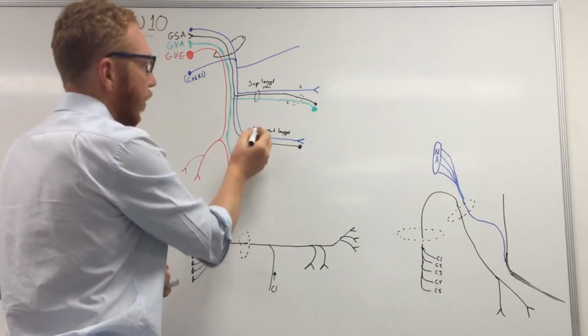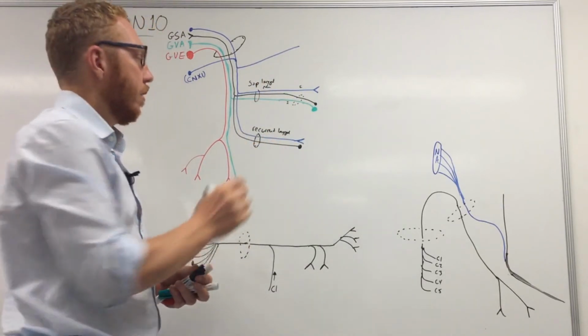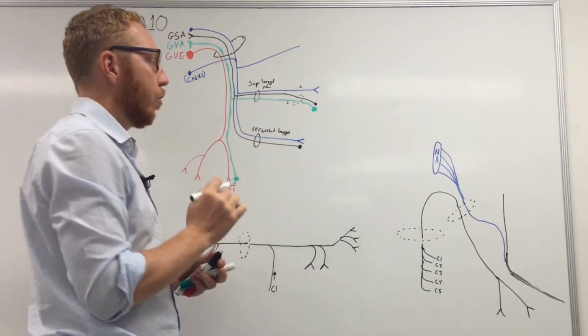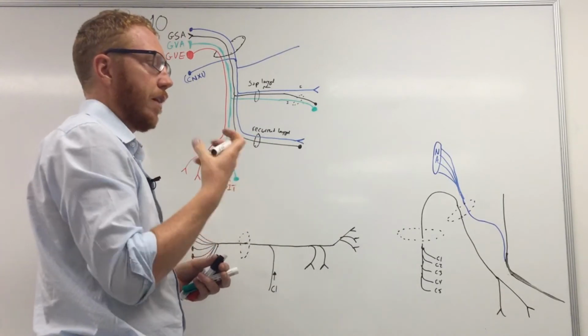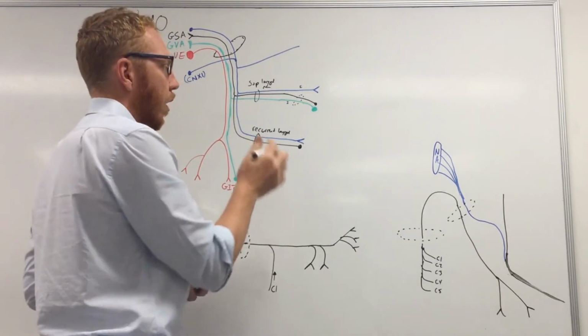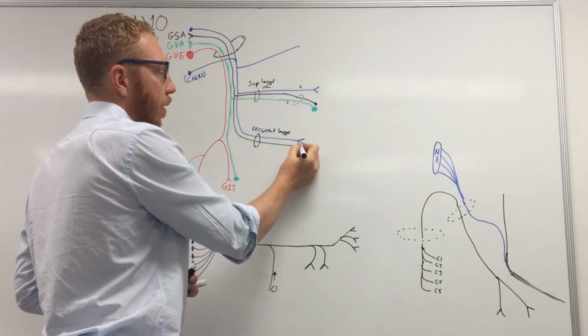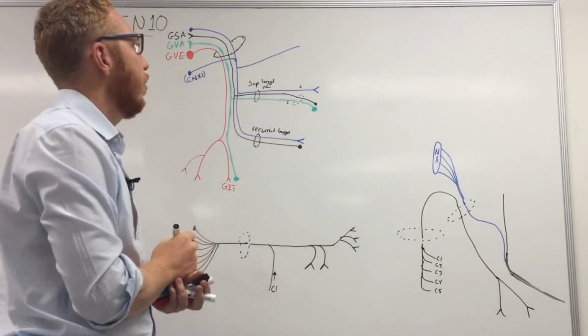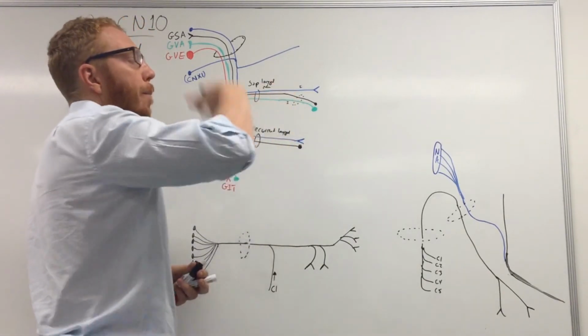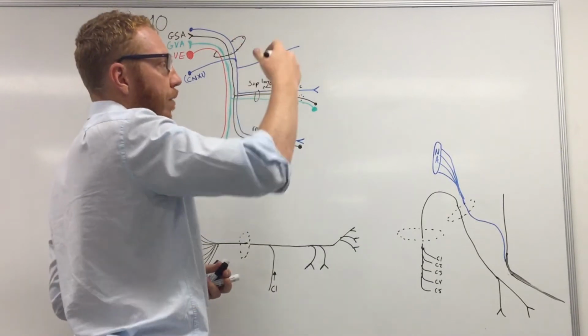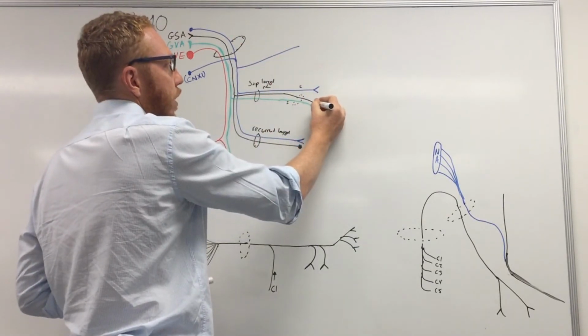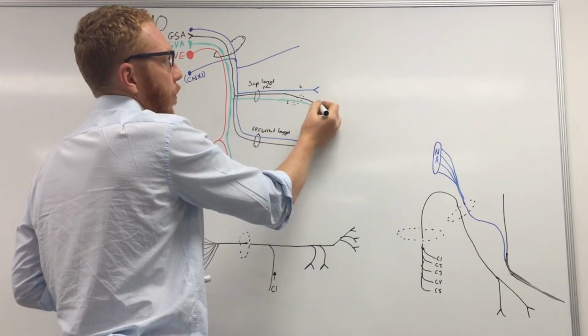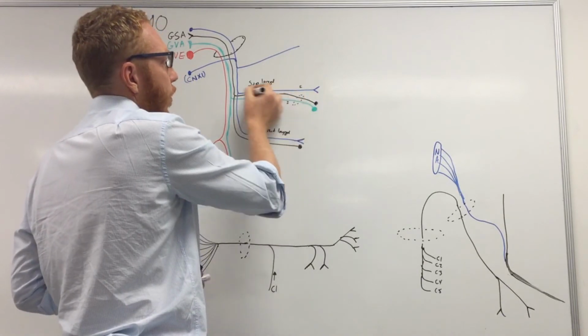So in the recurrent laryngeal, this is going to be sensory information below the vocal cords. So any sensory, touch, pain, etc., below the vocal cords is going to be brought in by the recurrent laryngeal nerve, whereas anything in the larynx above the vocal cords is going to be brought in by the superior laryngeal nerve.